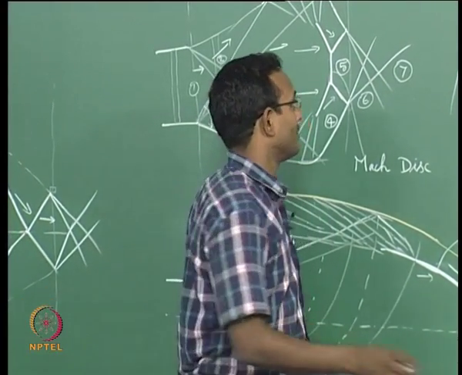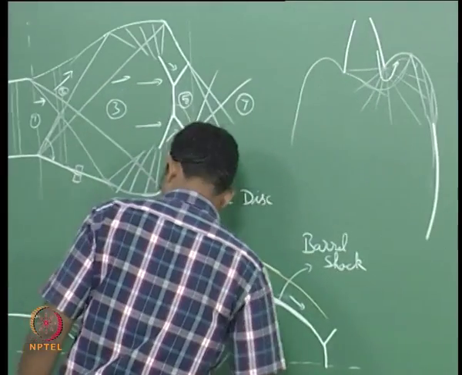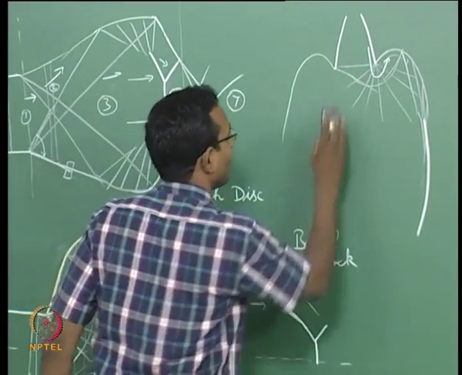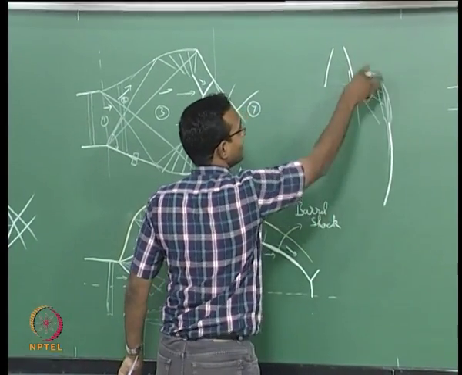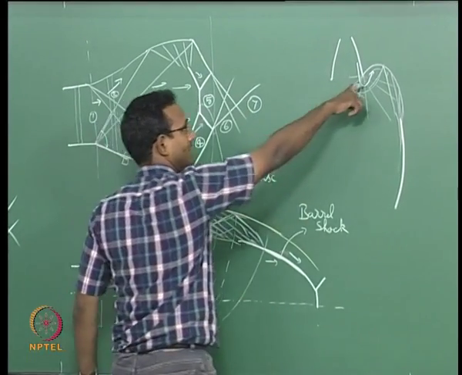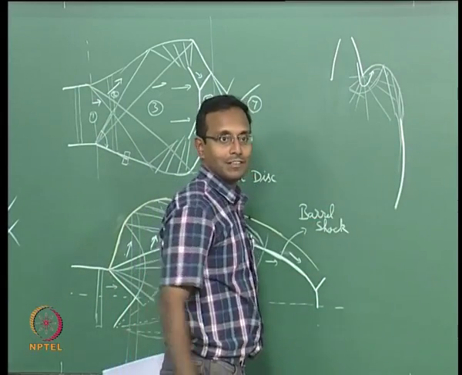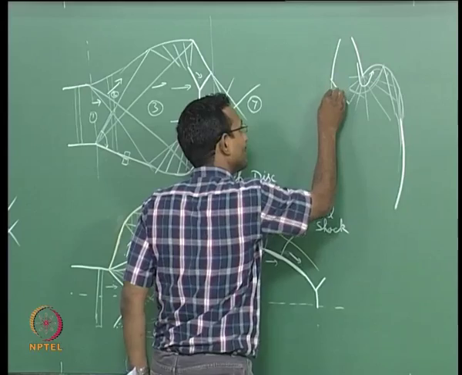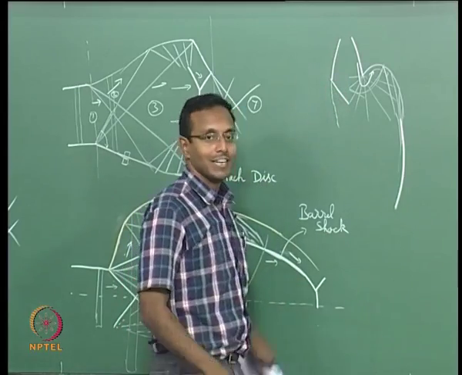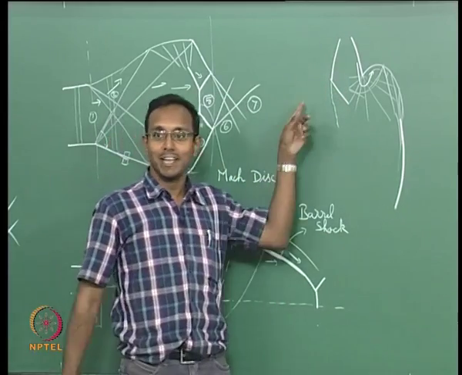When you are beginning, no, this same rocket, I will erase one part of it. Let us say this is the high altitude jet plume like this. The low altitude thing will be looking more like this. That will be your rocket plume when it is taking off initially.